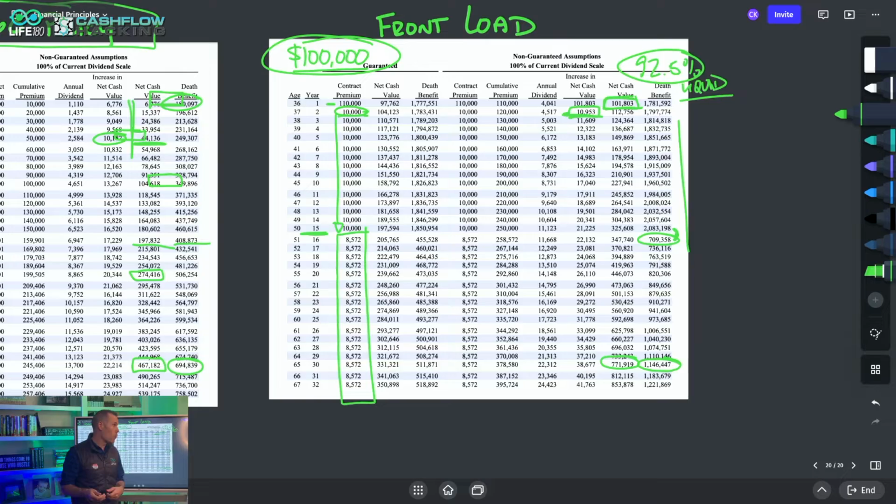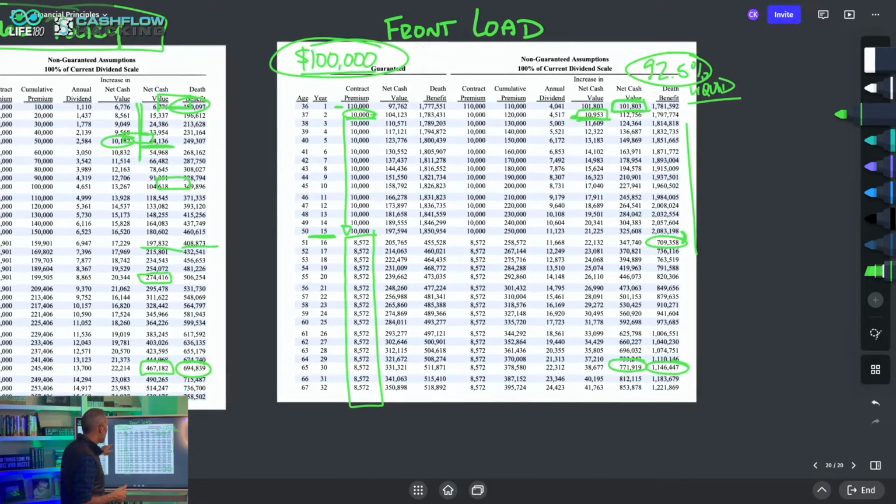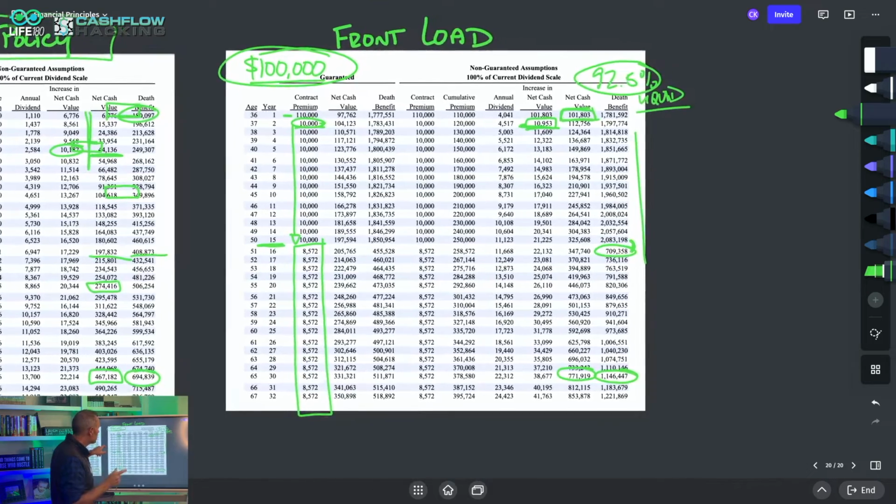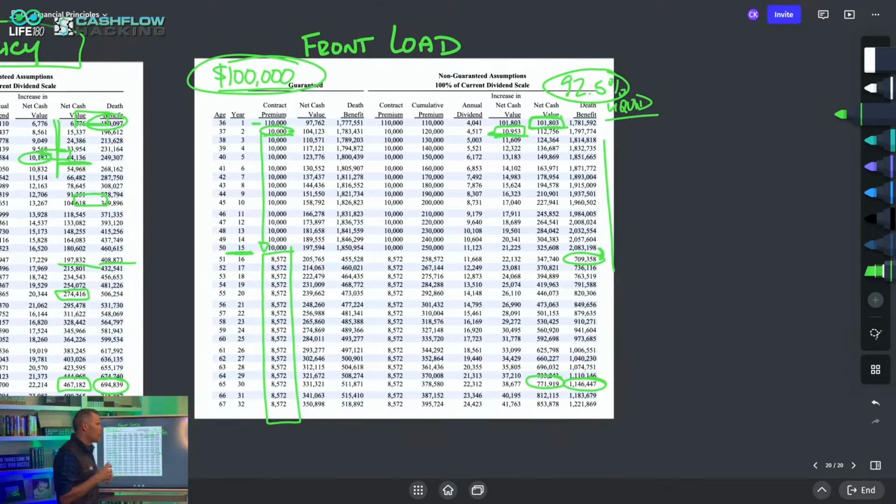Honestly, I kind of said that a little backwards. The way that I would do this is I would focus on knowing how much you can afford per year. So if $10,000 per year is your number, then you could say, hey, all right, then I know I can jam in $100,000 on top.